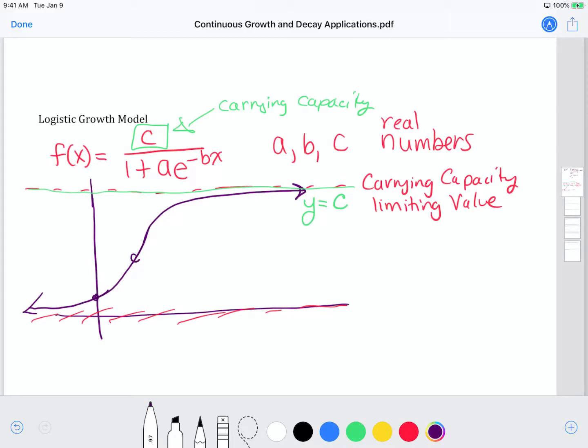Now we have a point here in which the graph turns from concave up, here, to concave down, here. At that point where it turns from concave up to concave down, this is what's called the point of maximum growth.